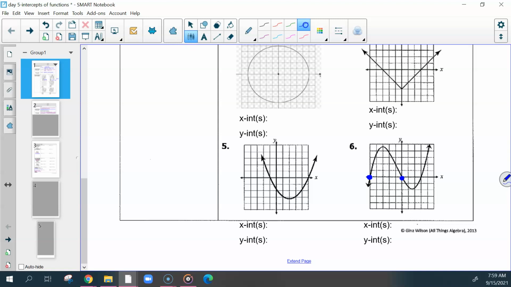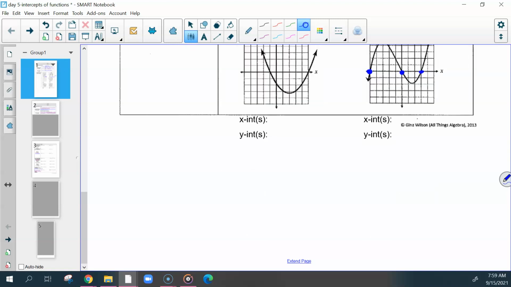And 3. So you can list each one out as an ordered pair, -5, 0, 0, 0, 3, 0, or x equals, least to greatest, -5, 0, 3.